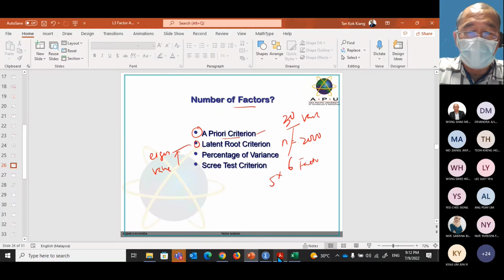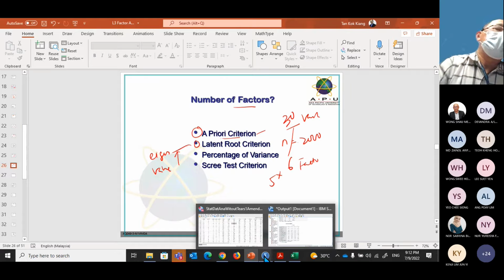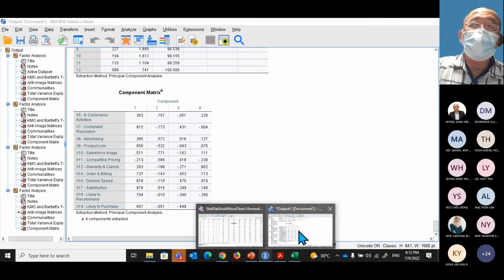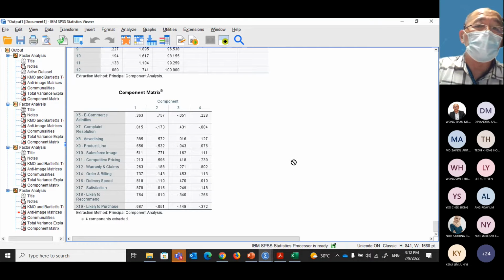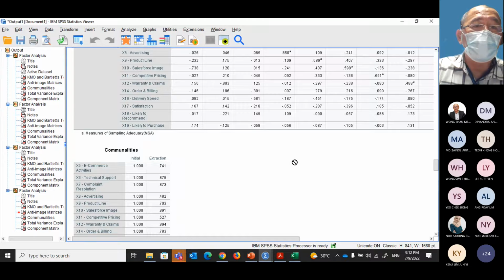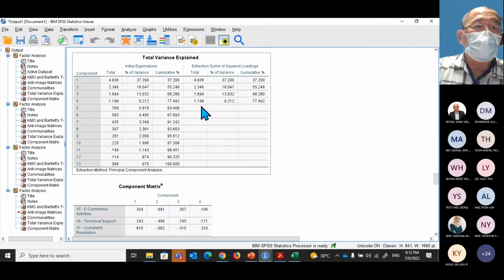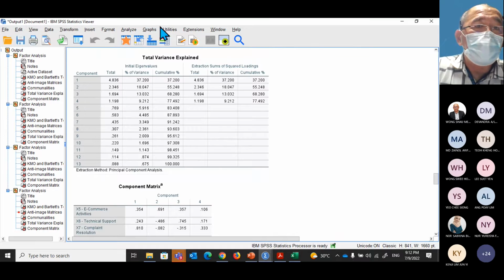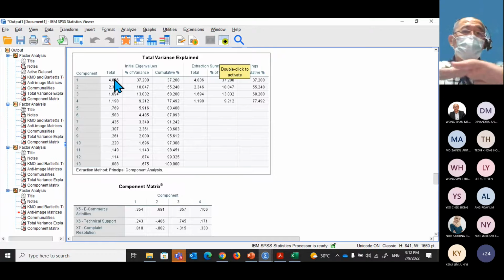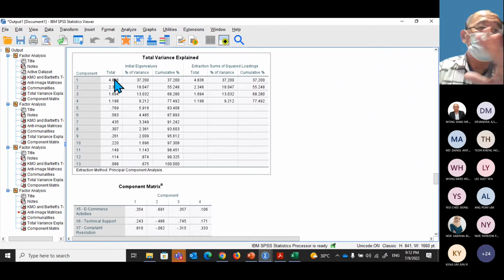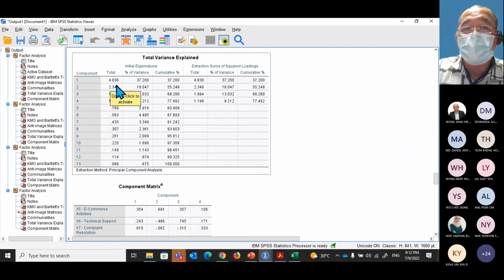The eigenvalue can be more or less for each factor. In general, we use 1.0. Example here, can you see? This all refers to eigenvalue. Look at the table named total variance explained. For component 1, the total is 4.836.